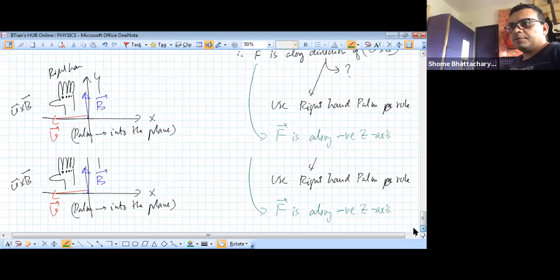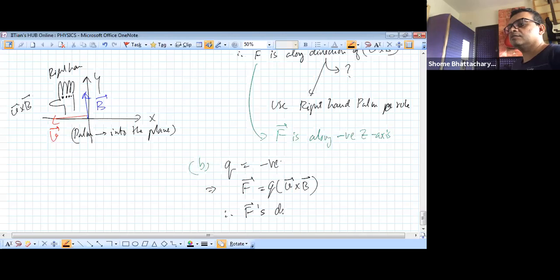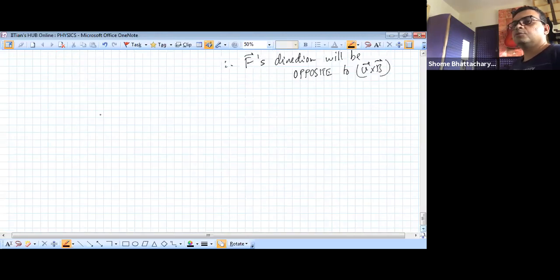All right. Now in the same thing, what happens if the charge of the particle is negative, Q is negative? Then F is Q V cross B, so it is a negative quantity into V cross B. Therefore F's direction will be opposite to V cross B. For example, suppose the charge is minus 3 coulombs.